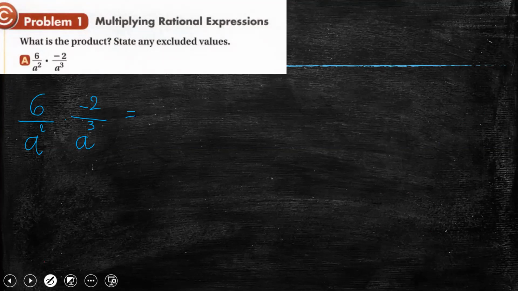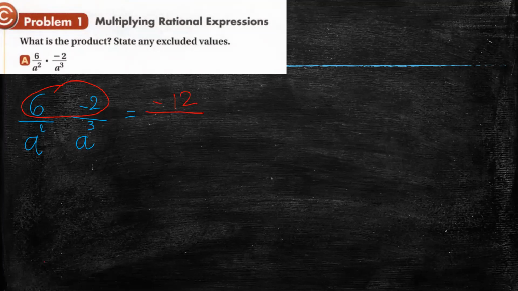Also no. So when you want to multiply them, you just multiply the numerators, which is 6 times negative 2, which is negative 12, over a squared times a cubed, which is a to the power 5. So here the product is negative 12 over a to the power 5.